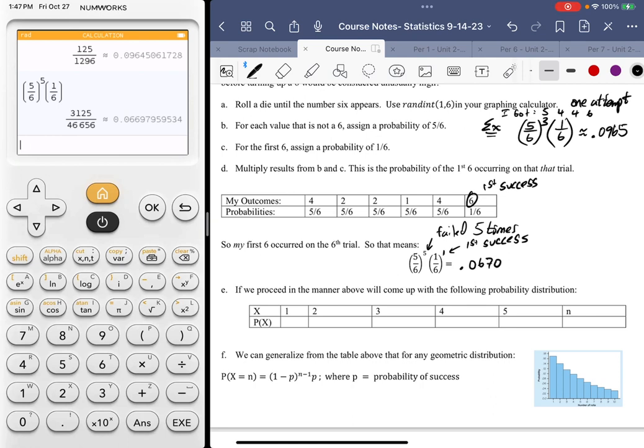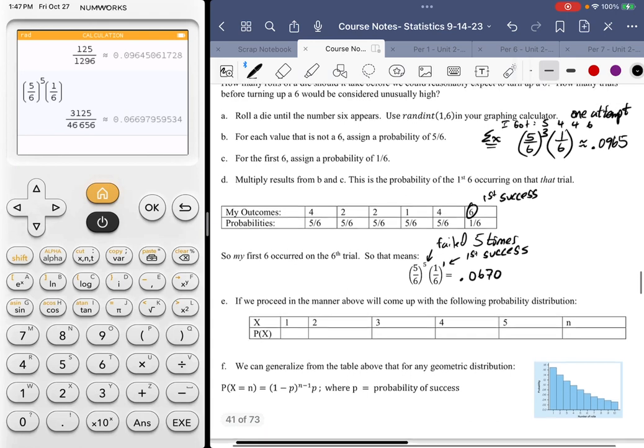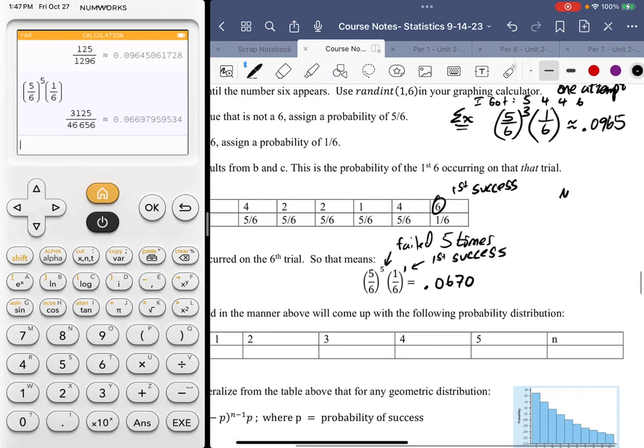Now there is a built-in function. Aside from doing all these computations and seeing formulas and graphs and everything, there is a function in NumWorks that will compute it for you. Again, it's the toolbox, probability, distributions, then you select geometric.